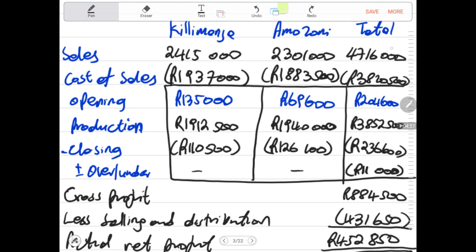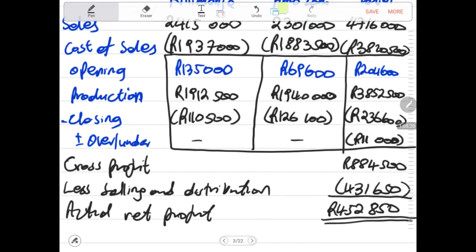That is why I said sales minus this amount, minus 11,000. Otherwise, you can say plus here, increase your cost of sales. Increase in cost of sales is reducing your gross profit at the end of the day. So be mindful of that, and it's because we don't have the over or under for each product, it is for all the products, hence it only goes under the last column.